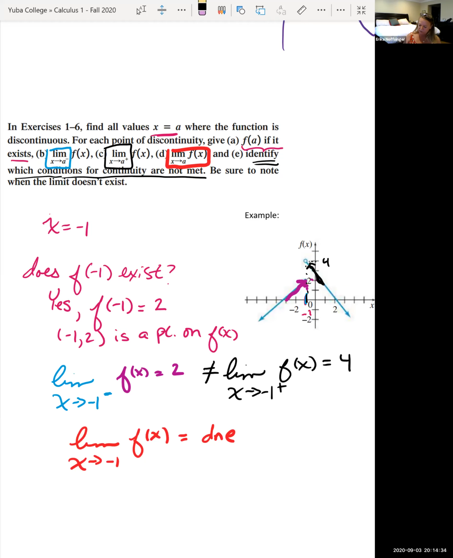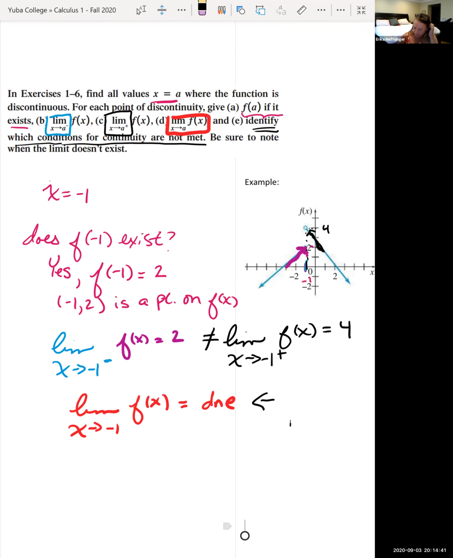And so here's one condition that is not being met to be continuous at x equals -1.